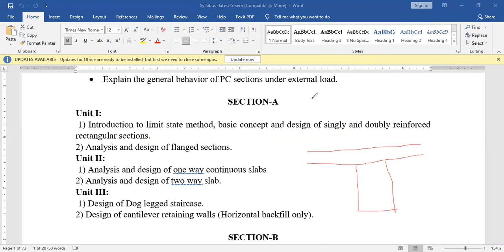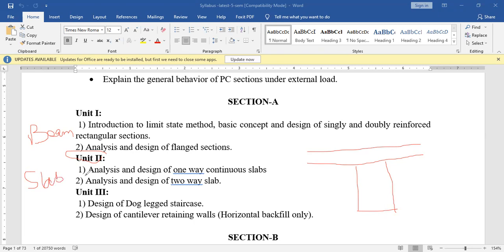Then similarly, in unit number 2, you will have to design one-way continuous beams as well as two-way slabs. So basically the first part is of beams, and the next unit is of slabs.